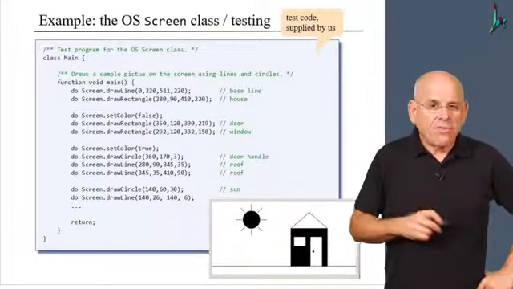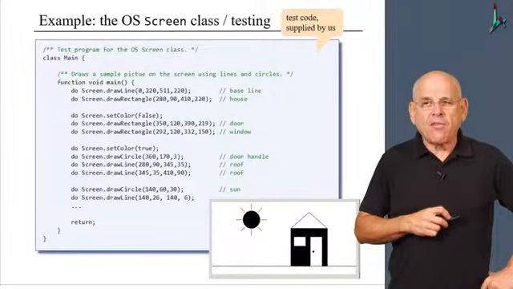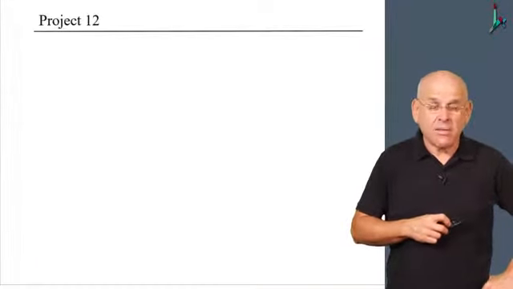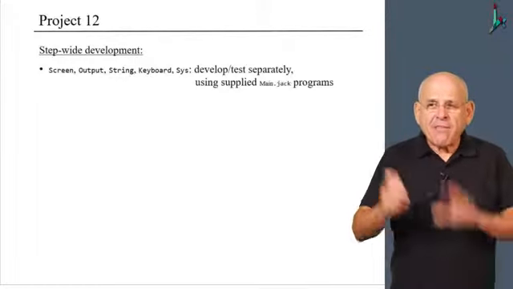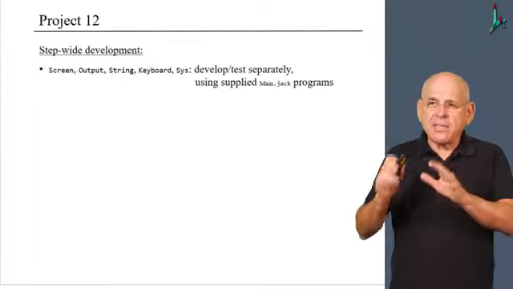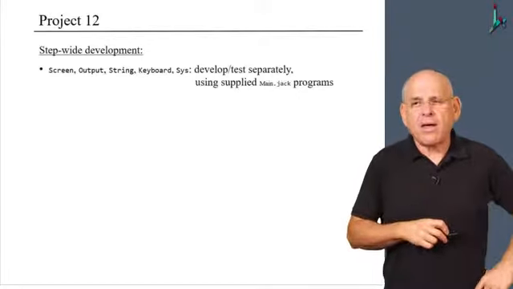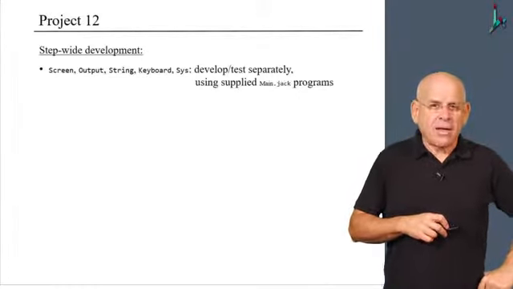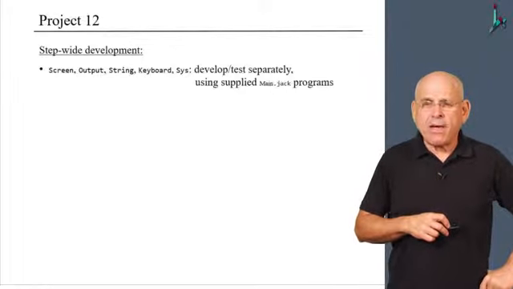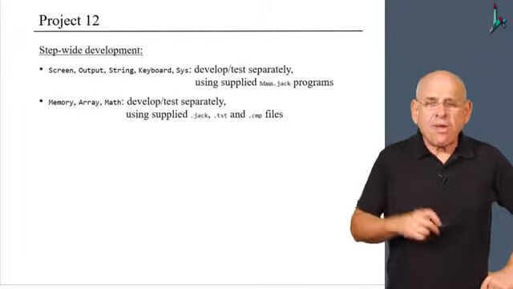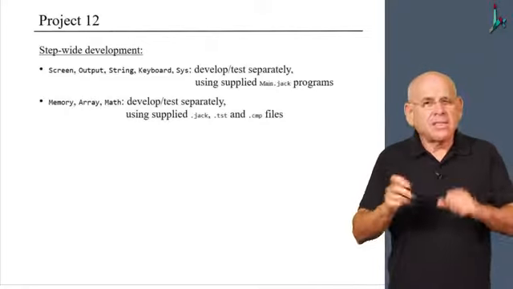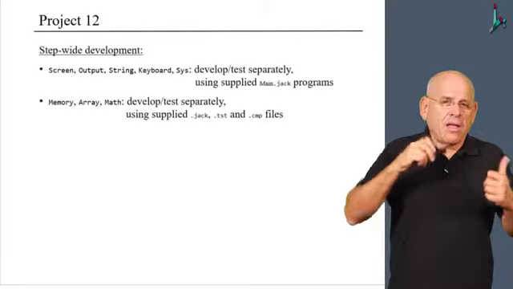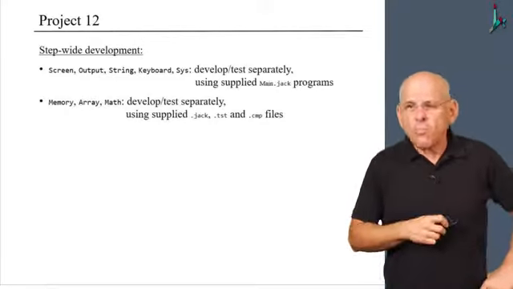Now, that's what you have to do with every one of the 8 classes in the operating system. So 5 of these classes are going to be designed in exactly the same technique, using a supplied stub file and a supplied main.jack. And the remaining 3 classes will be tested slightly differently using Main.jack, .tst, and .cmp files.